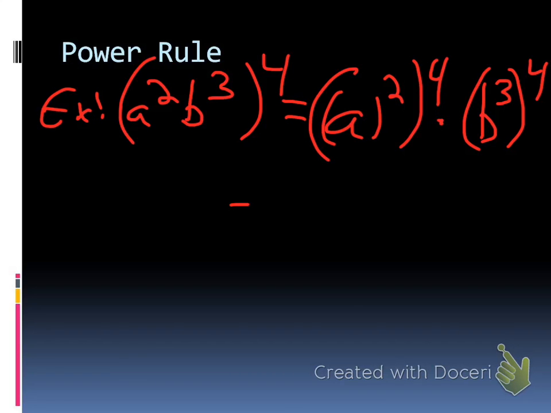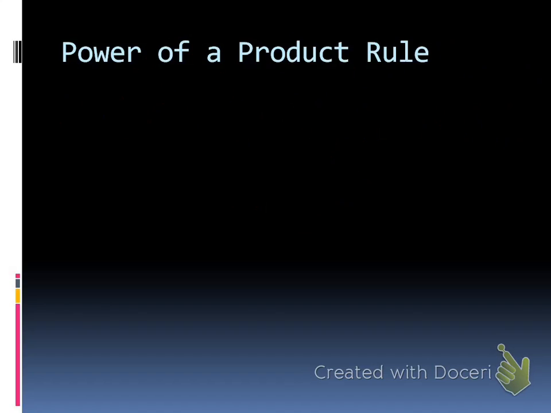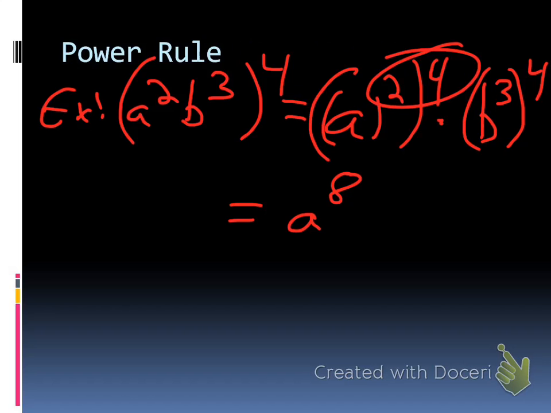And power rule says that this is actually a to the 4 times 2, which is 8, and b to the 4 times 3, which is b to the 12th. And that's it. So make sure you distribute the power to both factors in the term, okay?